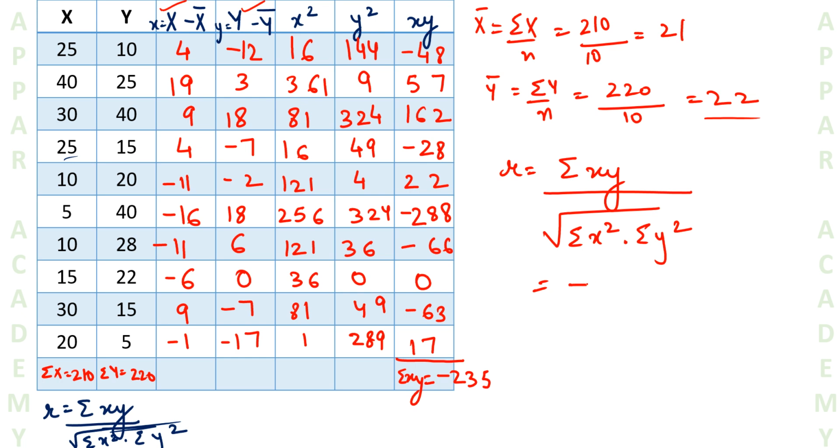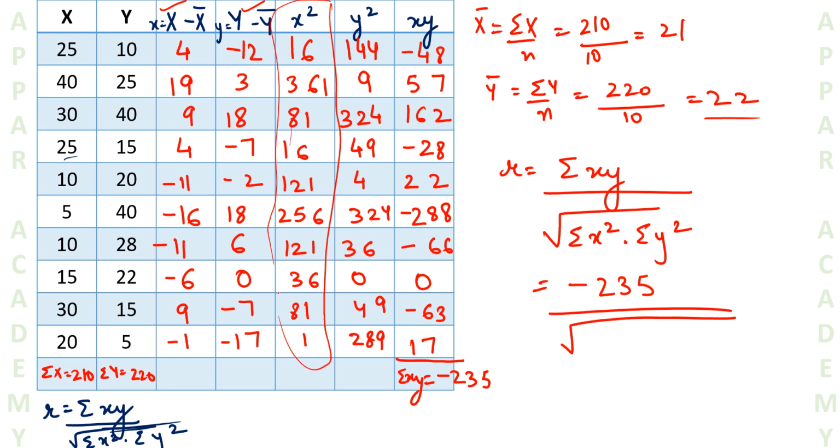I've already calculated these values, which I'm writing over here. So this upon square root of summation x square. We need to sum up this particular column: 16 plus 361 plus 81 plus 16 plus 121 plus 256 plus 121 plus 36 plus 81 plus 1.